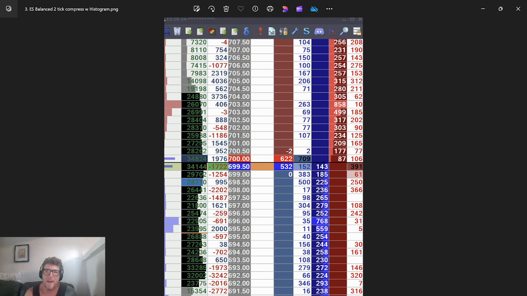I need to do the math on it, but it's almost triple what the 50K would be. 338 per tick. Yeah, that's crazy. You said 338? Yeah, 337.50 per tick. I mean, you could take 1 tick on that.